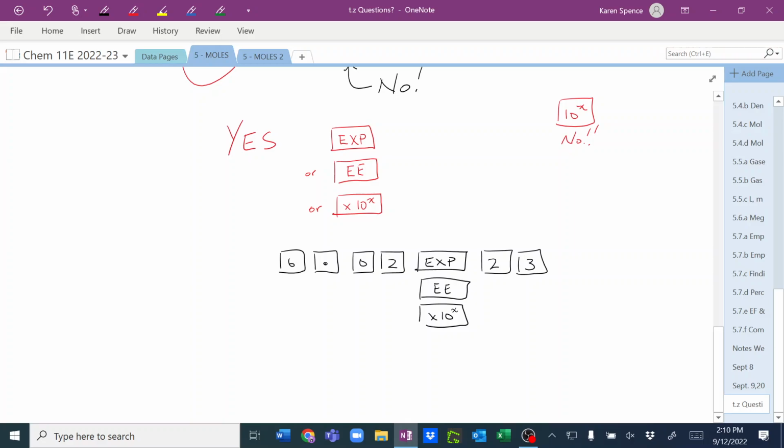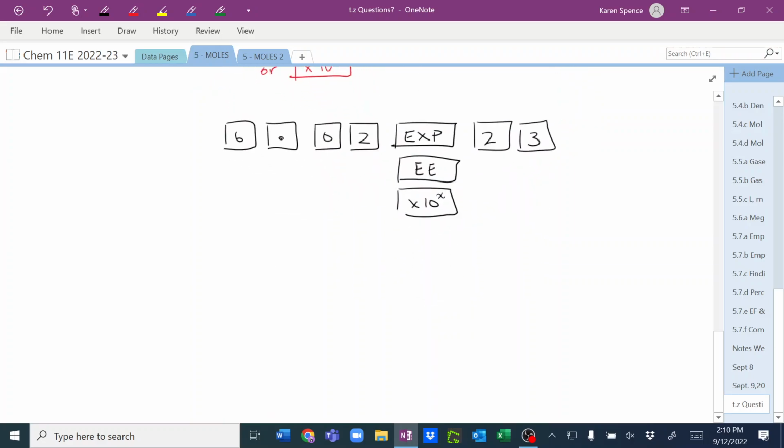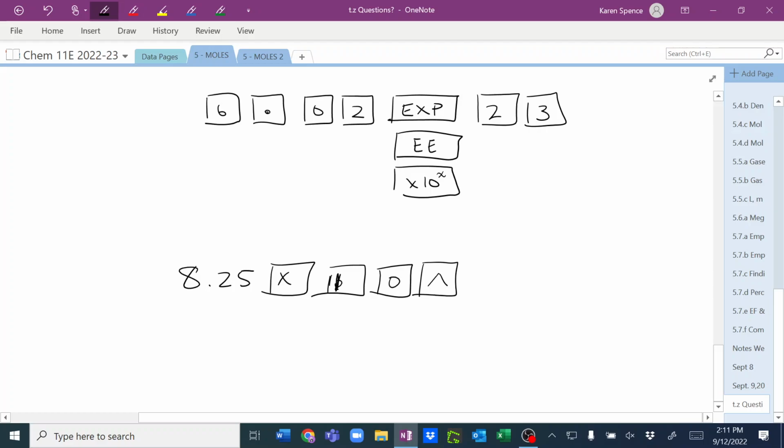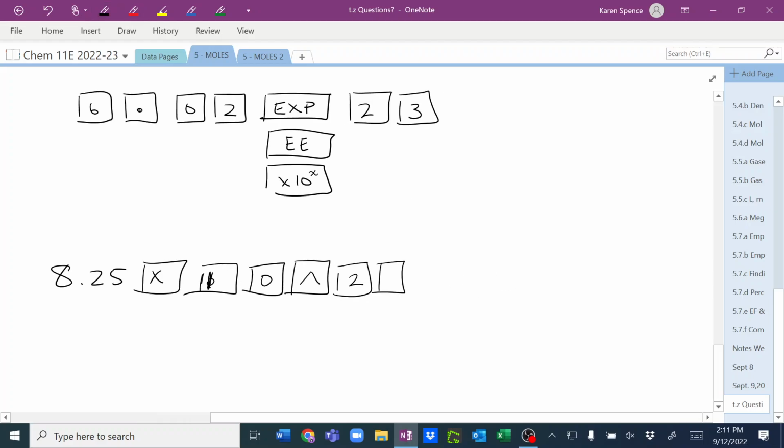Because for this question, if you use the times 10 and punched in all of those things, you type in 8.25 and you type in times 10 to the 25, and then you'll say divided by.